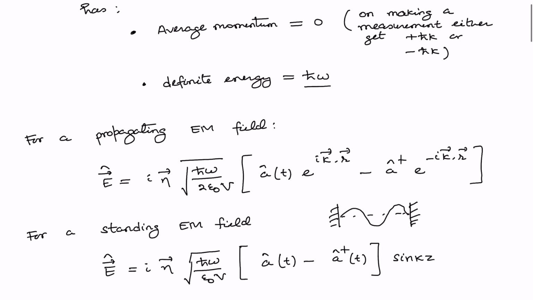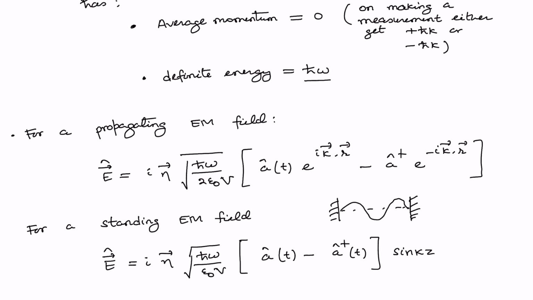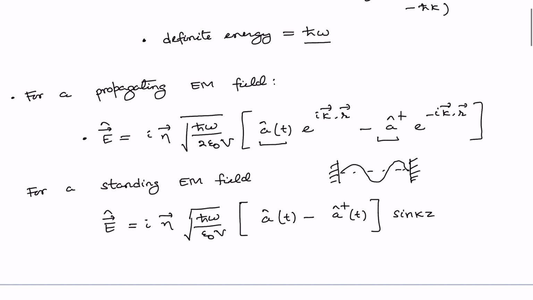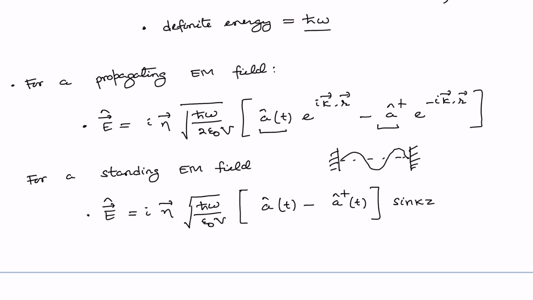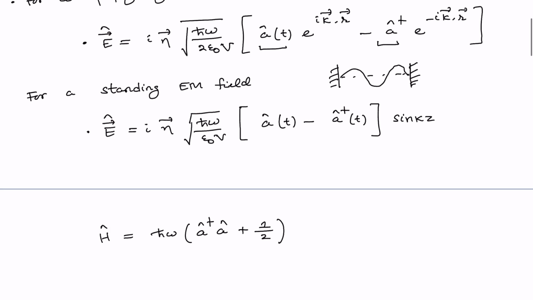Now, for the propagating electromagnetic field, we have also worked out how the electric field operator can be written in terms of the so-called annihilation and creation operators. And also for the case of the standing wave, we have written the operator for the electric field, and the operators for the magnetic field, vector potential, and so on can be worked out.